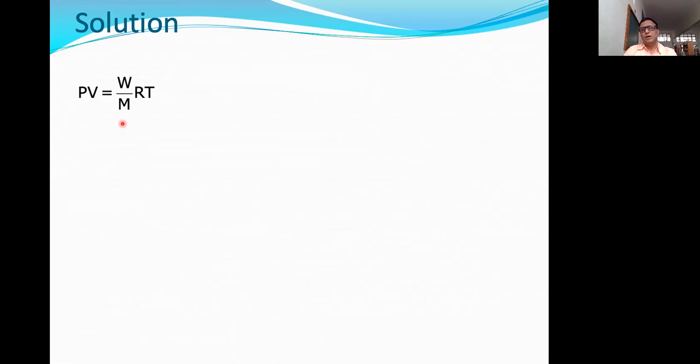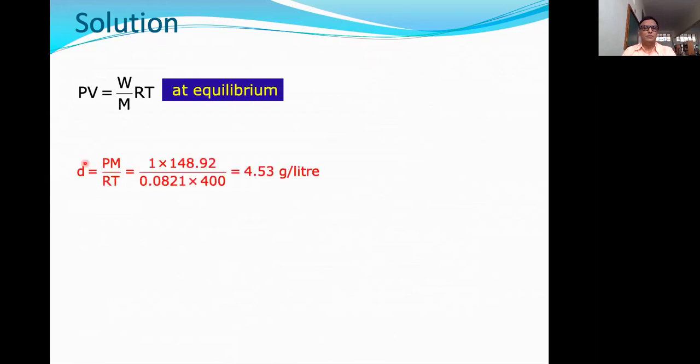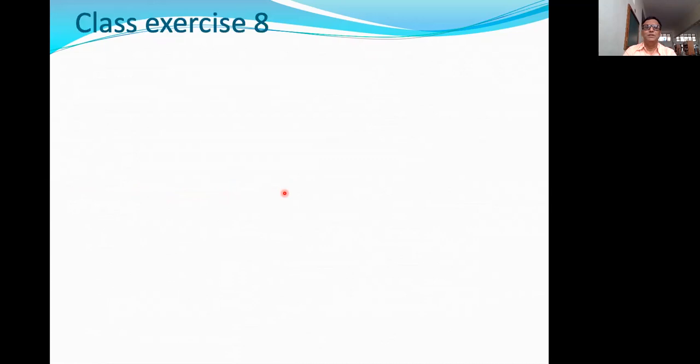This expression we have got from the general gas equation, that is PV is equal to nRT. Now at equilibrium, density d is equal to PM upon RT. By substituting the values, you can write it is equal to 1 into 148.92 divided by 0.0821 into 400. We will get the answer 4.53 gram per liter.